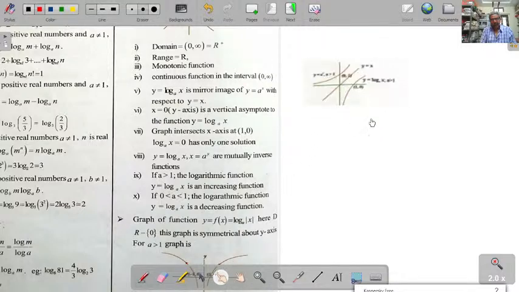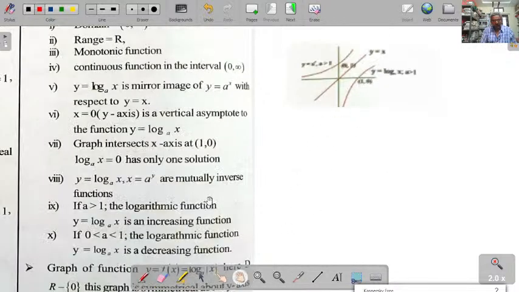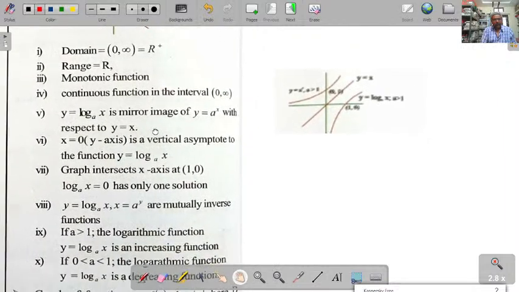So let us discuss the properties of this graph. First property: the domain of the function y is equal to log x to the base a. The domain is 0 to infinity, that is R plus.